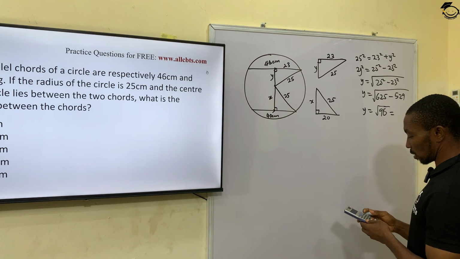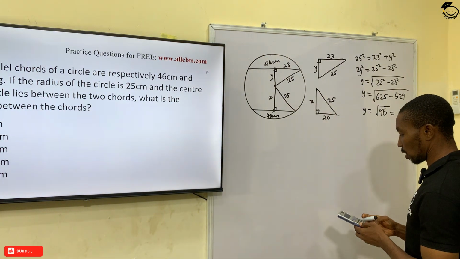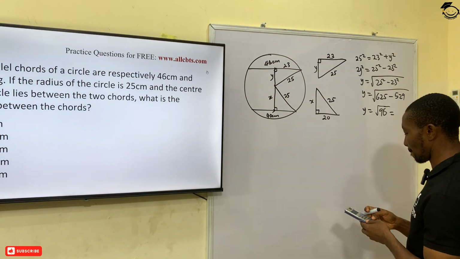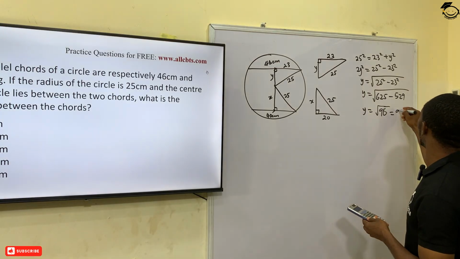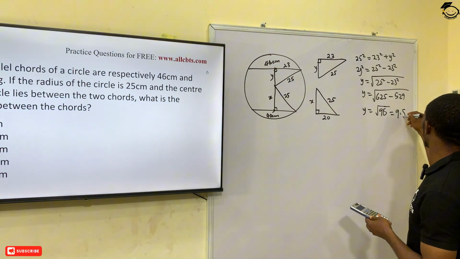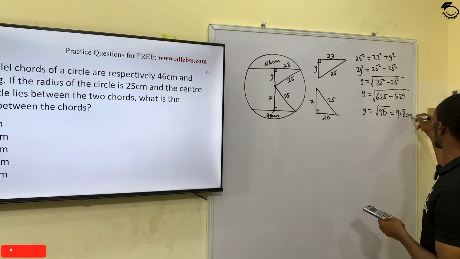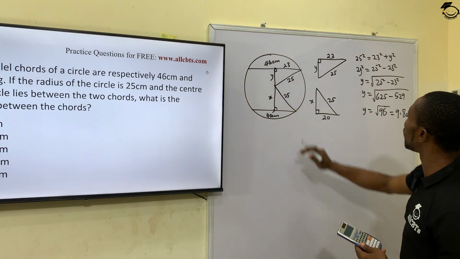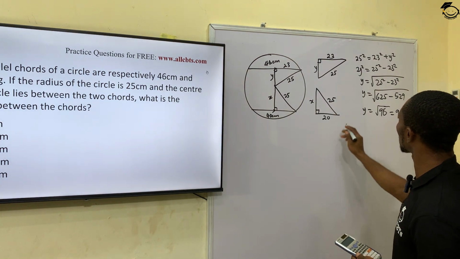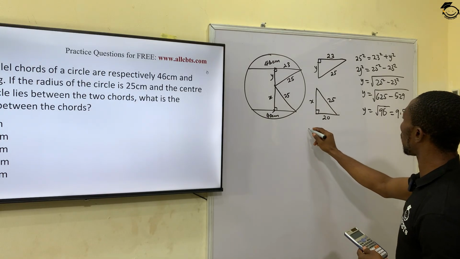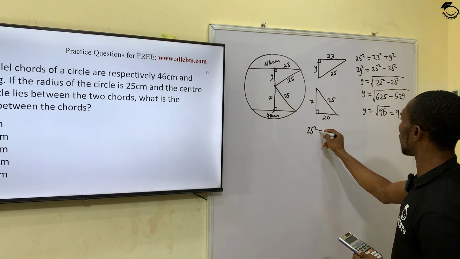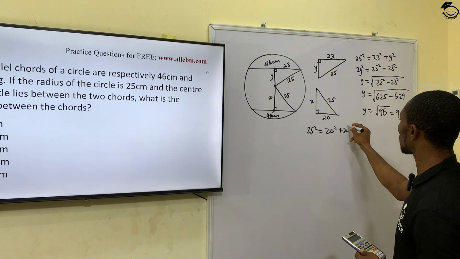Now root 96 would be approximately 9.8 centimeters. Now that's the value for y. Now working on x, still using our Pythagoras theorem, where we have 25 squared equals 20 squared plus x squared.